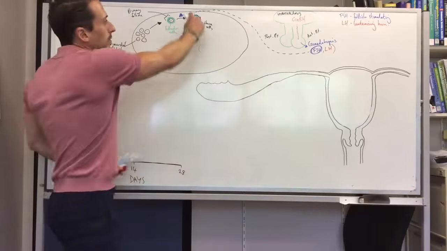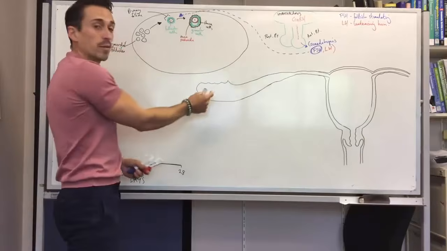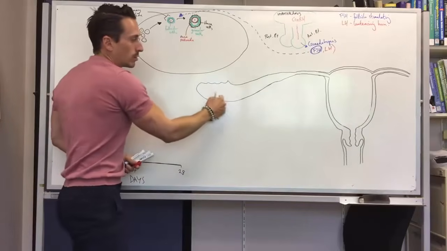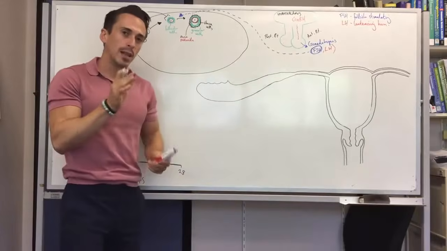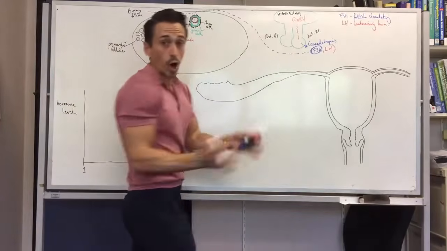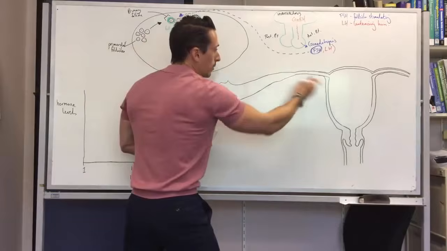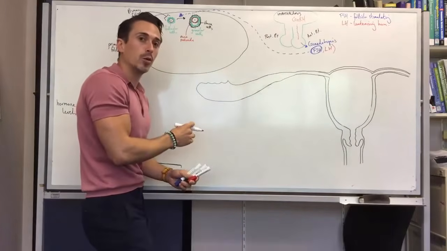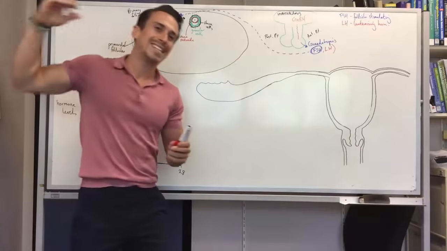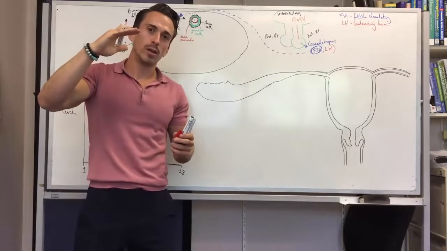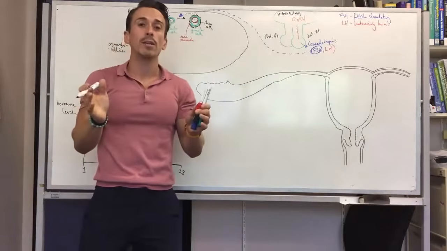Well, when this oocyte has been released from the ovary into the uterine tube, remember, there's going to be, hopefully, a number of sperm coming in to try and fertilize that oocyte. And what the zona pellucida does is, as soon as one sperm gets in to the zona pellucida, it shuts all the doors and doesn't allow any more sperm in.